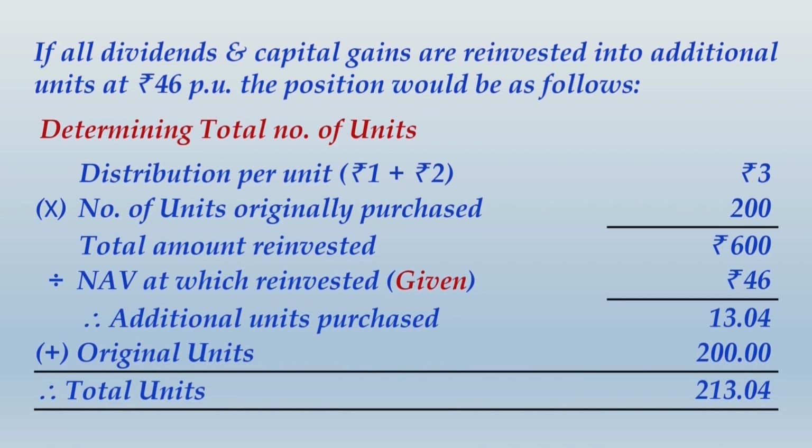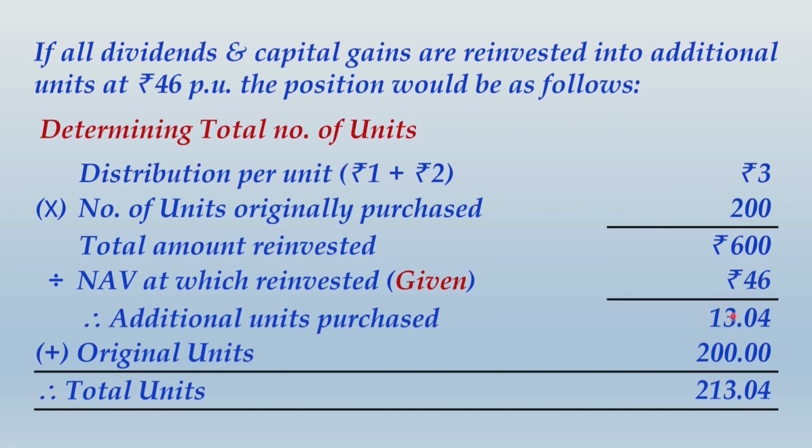Now keep precaution of one thing. Using the formula, you will not compute the rate of return now, because in between the number of units have got changed. So because the number of units have got changed, you have to now compute the rate of return based on the value originally invested and the final value that has been in the hands of the investor by end of the year. One more thing I would want to convey over here.